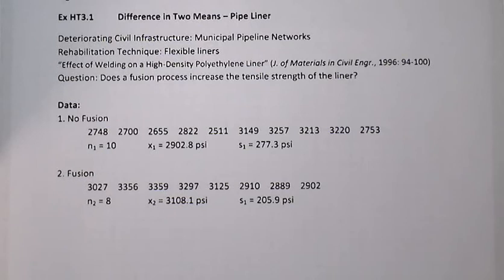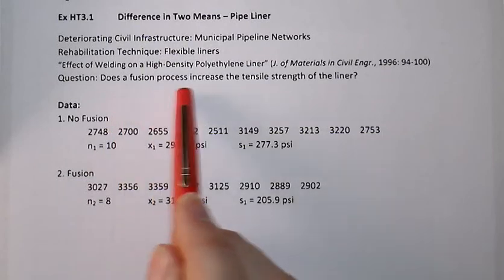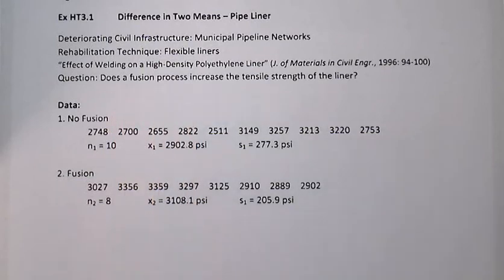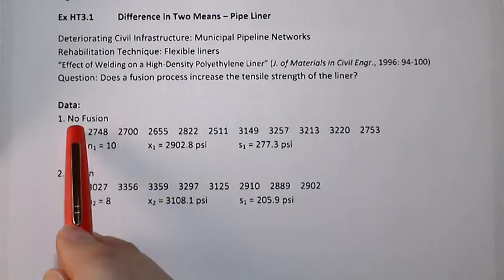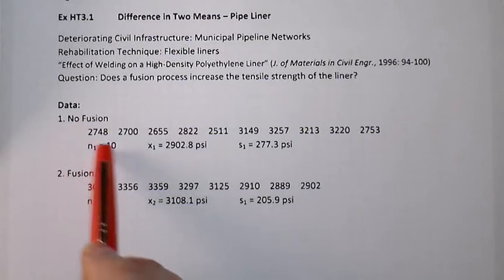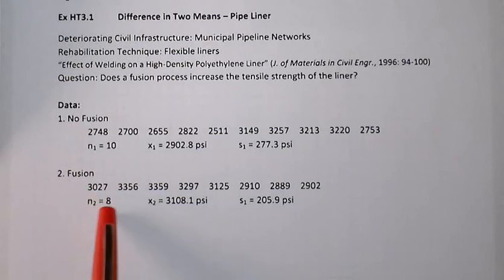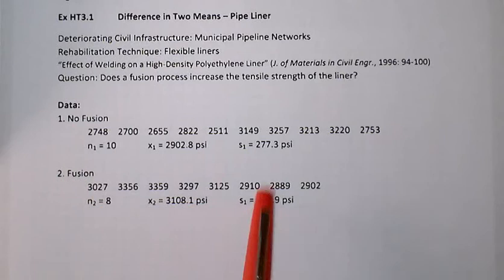The question we're really after here is: does a particular fusion process increase the tensile strength of the liner? So we have data from two different processes, one where we have no fusion, with a sample size of 10, and one where we do have this fusion process, where the sample size is 8, with the corresponding summary statistics that you see here.